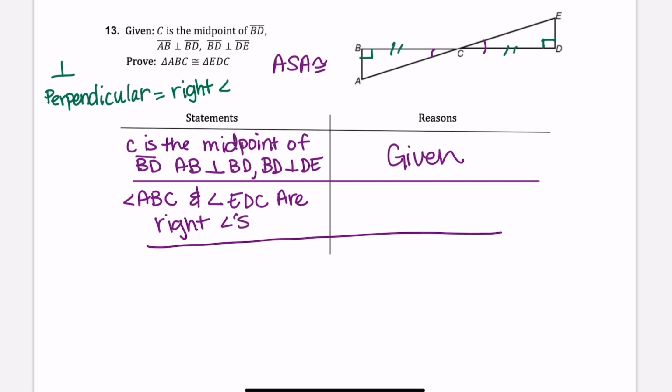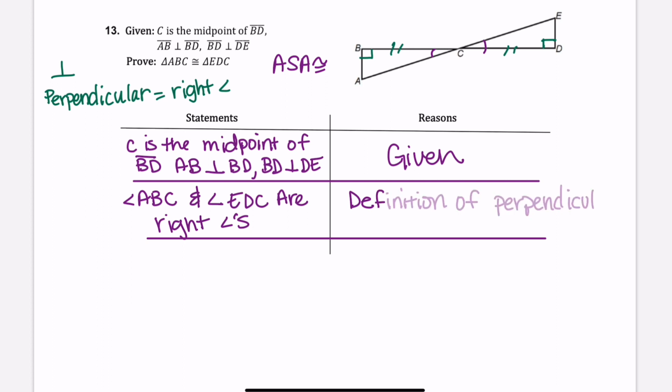And the reason I can say that is the definition of perpendicular. Perpendicular just means it makes two right angles. So now after that we can write our three angle, side, angle, and then our congruency statement.